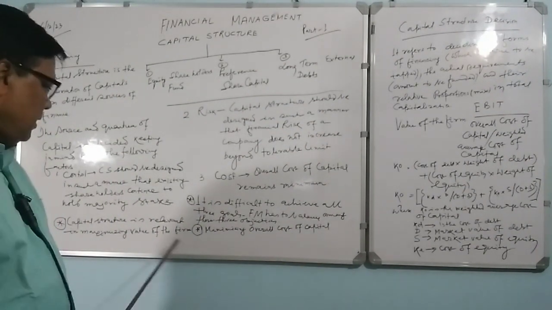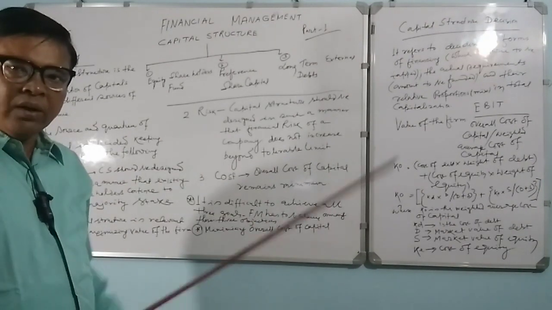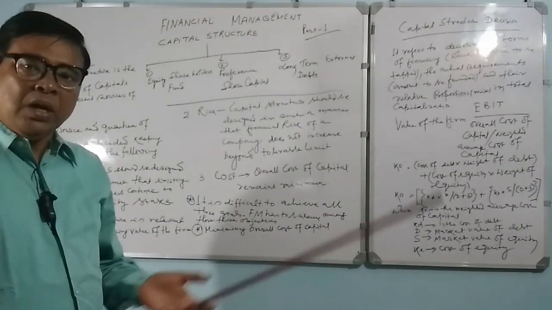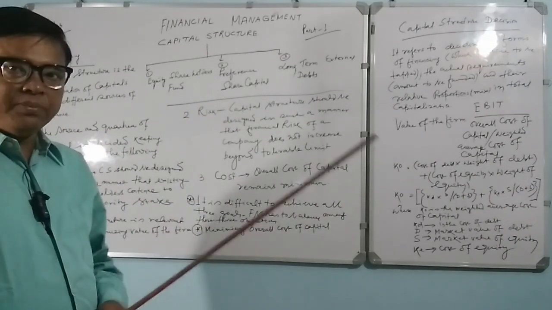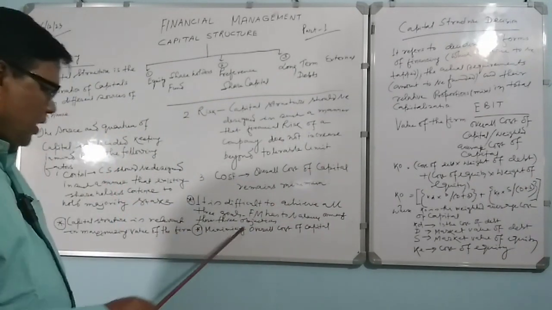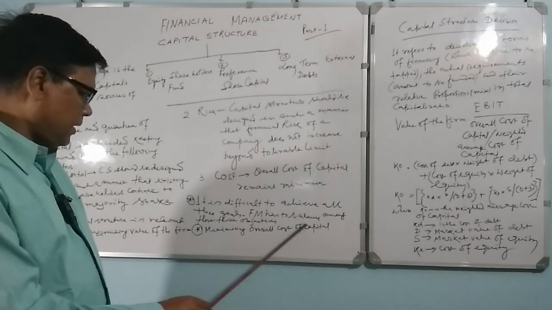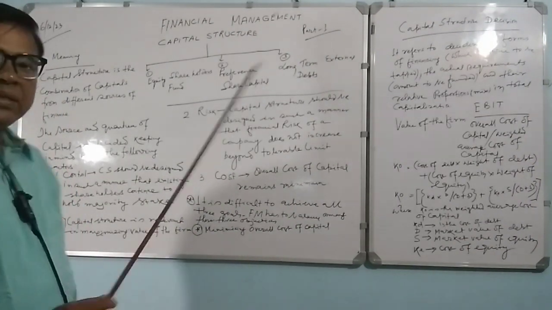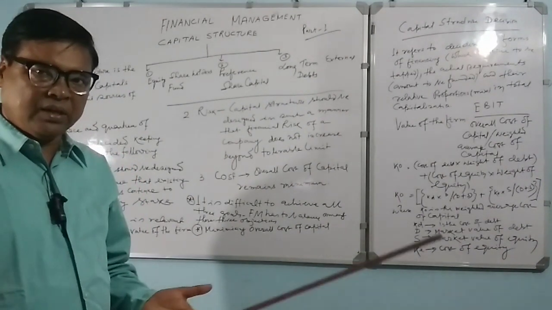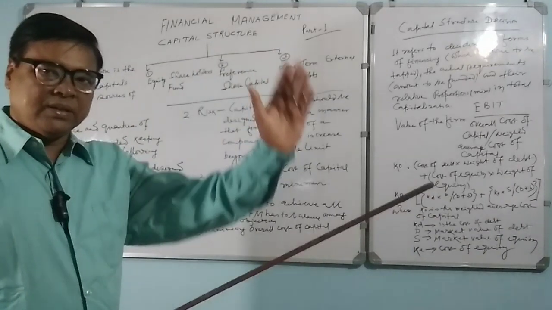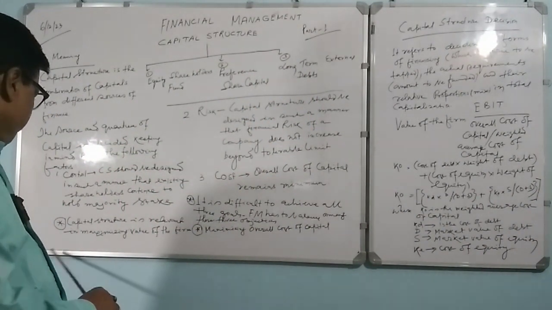It is very difficult to achieve all three goals; you cannot achieve all three simultaneously. So you have to keep your organization's objective in mind and make some compromise. That's why the financial manager has to balance and adjust among these three objectives, keeping the organization's interest in mind.